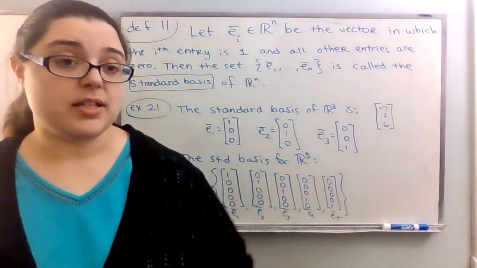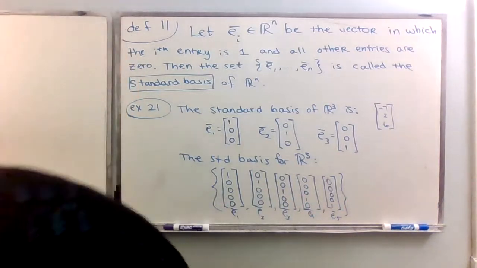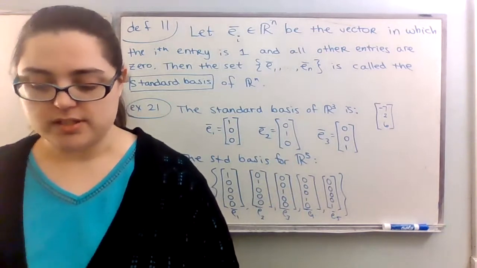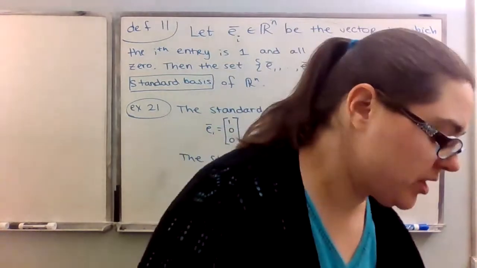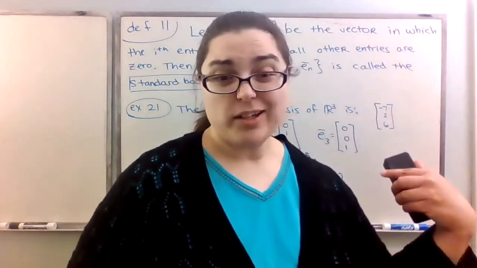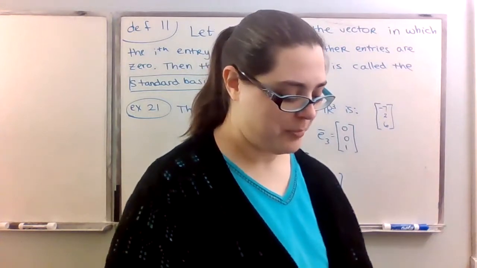So what that means is if I have R^n, it's going to have dimension n. So that's example 22 in our notes: the dimension of R^n is going to be n. I'm not going to write that down, but make sure you write it down. The dimension of R^n is n.